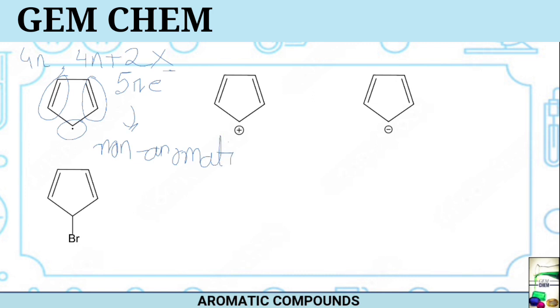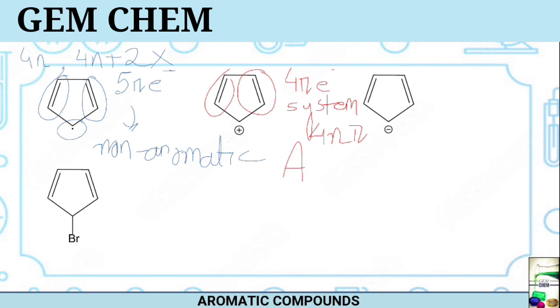Similarly, if we go for the next one, see here, we have 2 electrons here, 2 electrons here. So we have a 4 pi electron system. Since there is a 4 pi electron system, it goes with the formula of 4n pi, and we can conclude it as anti-aromatic.